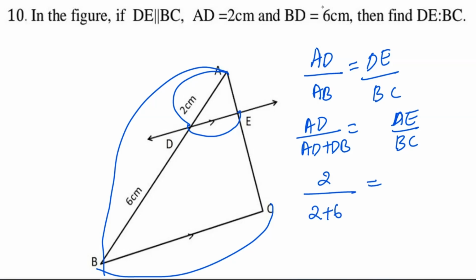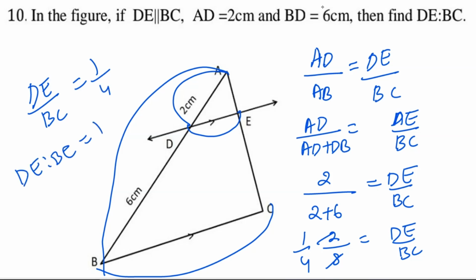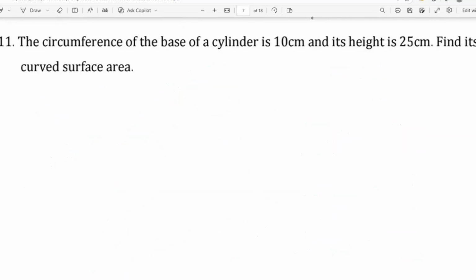So 2 divided by 2 plus 6 equals DE by BC. This 2 divided by 8 is DE by BC. Now 2 one time, 2 four times, that will be 1 by 4. Therefore, DE by BC will be 1 by 4. That is, DE is to BC will be 1 is to 4.